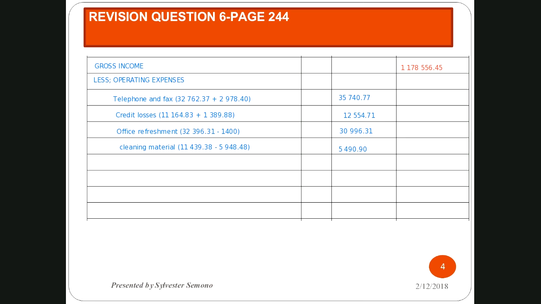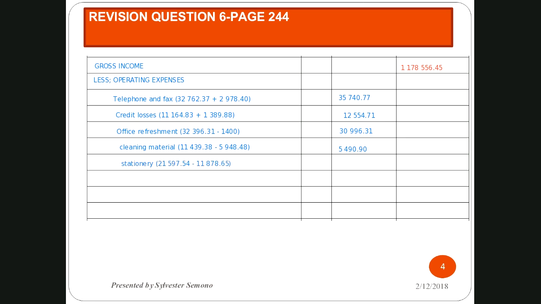Reason being, we only need the stationery that we've used. So we're going to deduct number 12, which is how much? 11,878.65. It's the adjustment number 11. And then we need to find that amount after minusing.